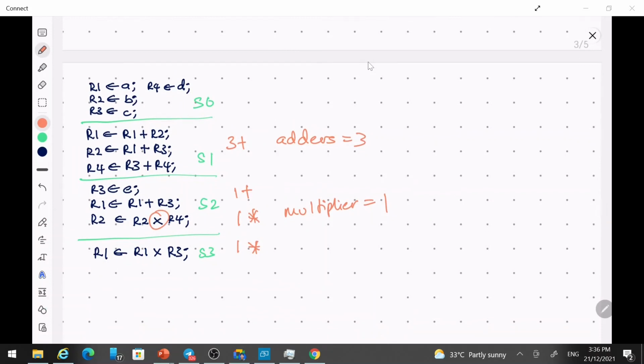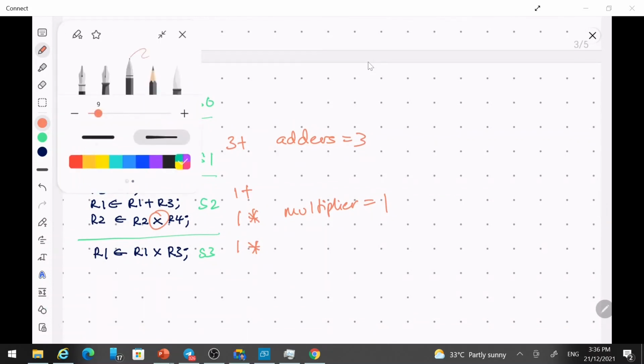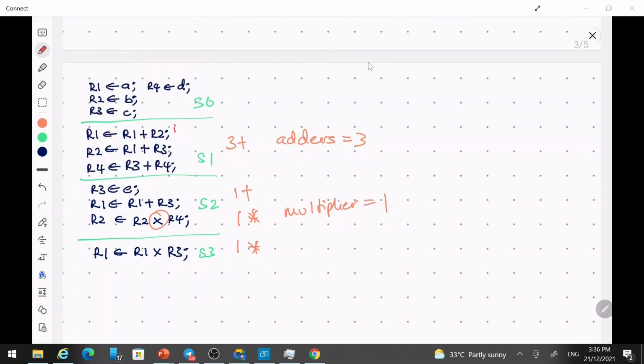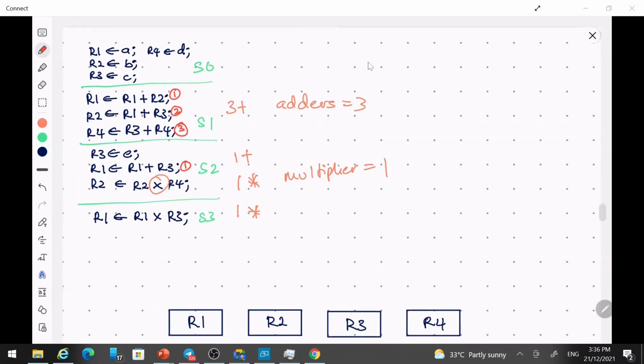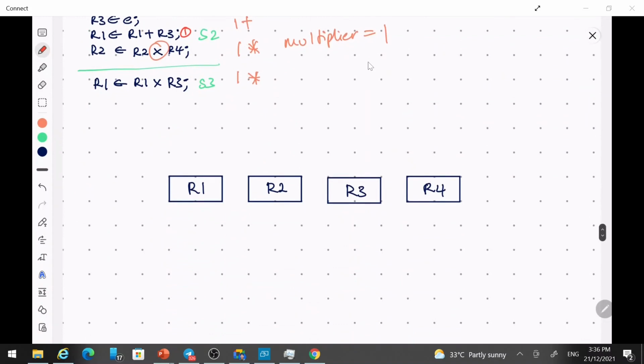Because we have 3 adders, we need to label them clearly. For example, this operation uses adder number 1, this operation is adder number 2, this operation is adder number 3. And this adder can use number 1, 2 or 3, but in this case, let's use number 1. Because you have 3 adders, you can use any of them. And the multiplier, you only have one, so it doesn't matter which one you use.